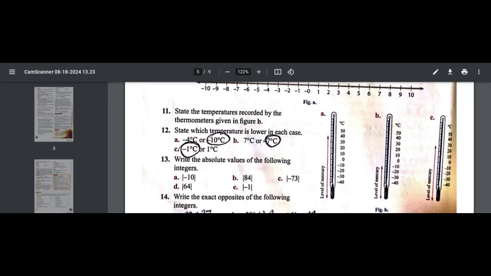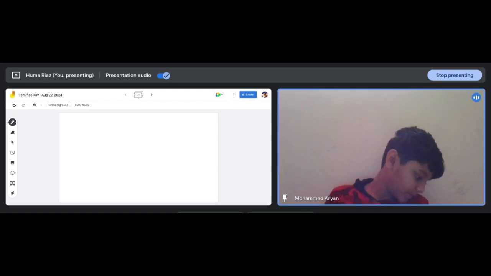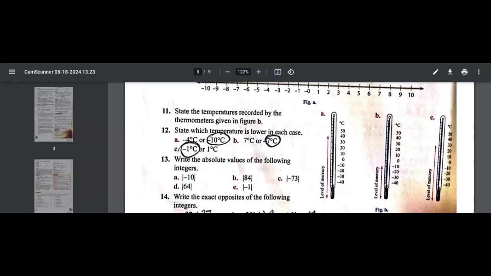In the first figure, the temperature is about 40 degrees Celsius. Is it? I'm asking, is it? You can measure that with the help of a scale. Is that exactly 40 or not? No. What is the exact amount of this temperature in figure A?